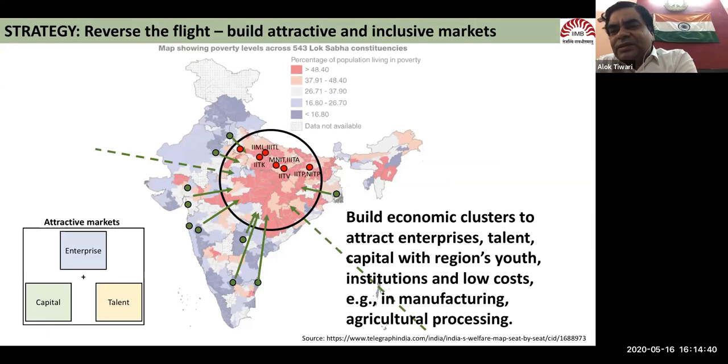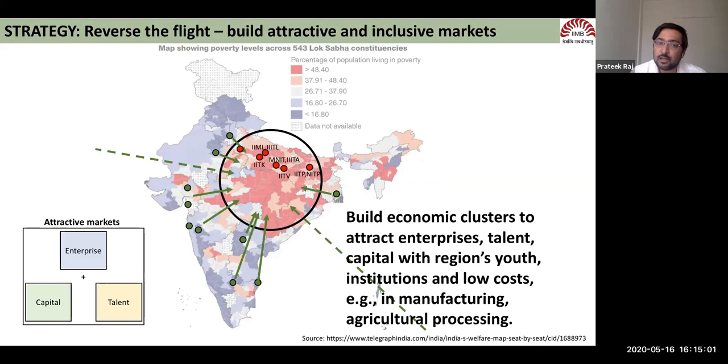I think the institutions, both government institutions like courts, as well as social institutions, negative institutions like caste, sectarian identities, did contribute to the failure of this particular place to take advantage of market interactions and improve productivity.